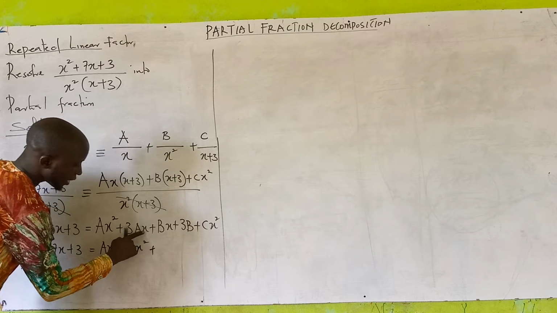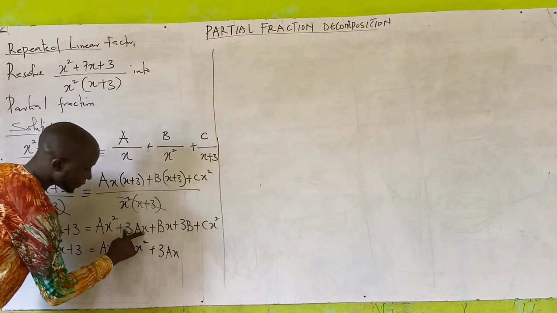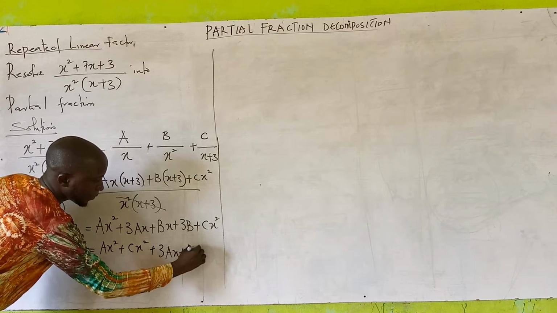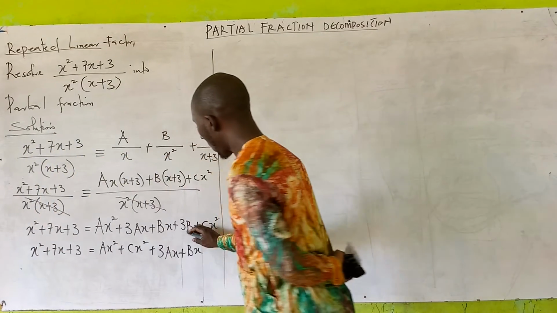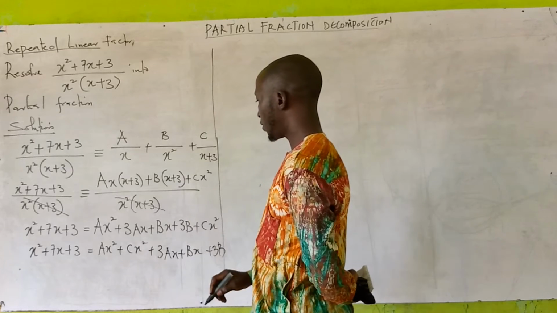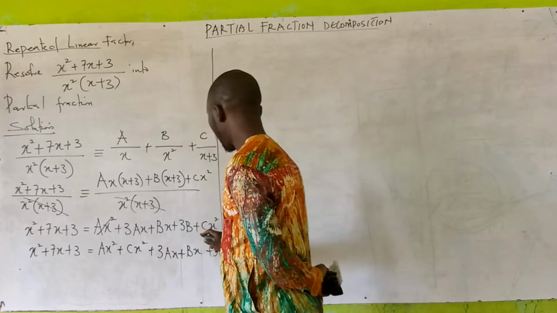Then we have x, which is 3Ax plus Bx. Then we have the other term without any x, and that is plus 3B. Ax squared, this is it. Cx squared, this is it.